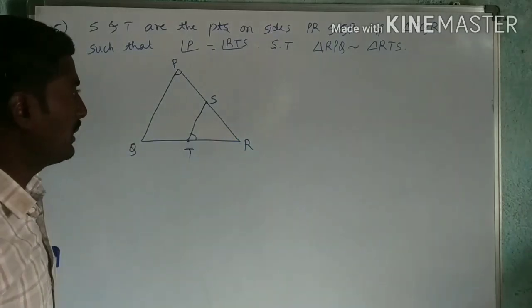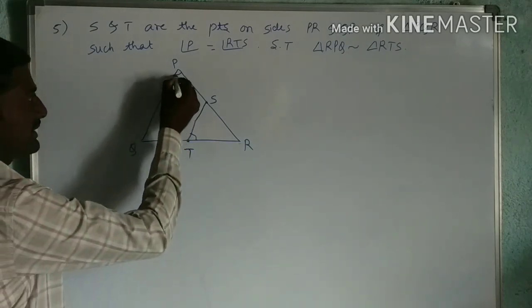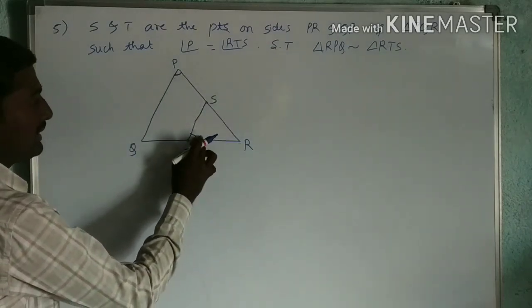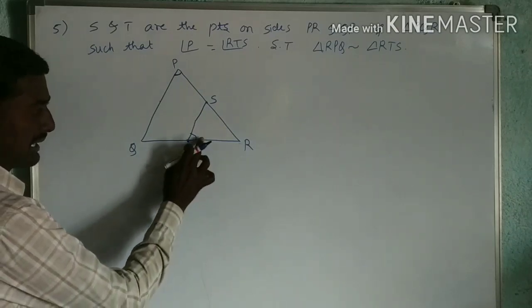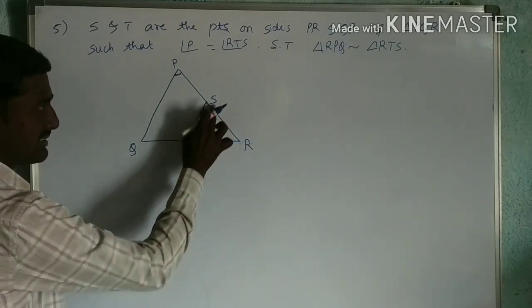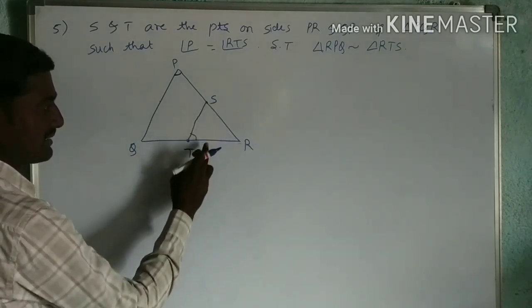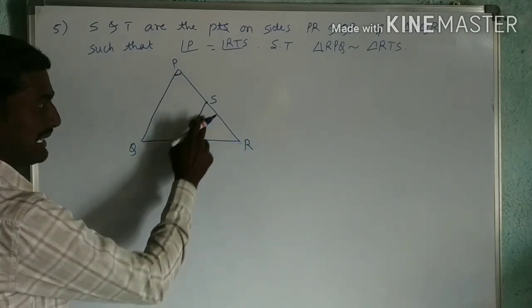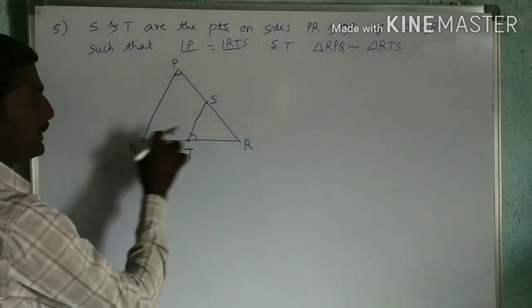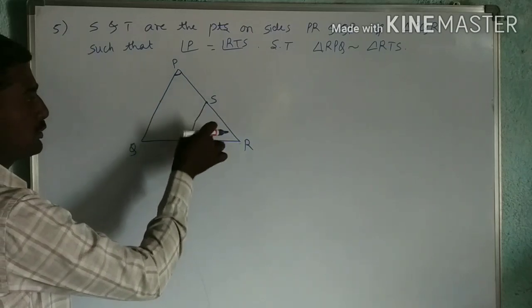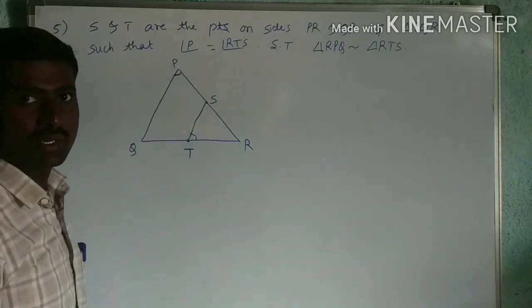Why? Because they said that angle T is equal to angle P. Angle T is in triangle RTS, and angle P is in triangle PQR. These two are equal.